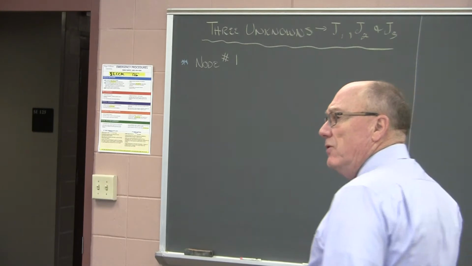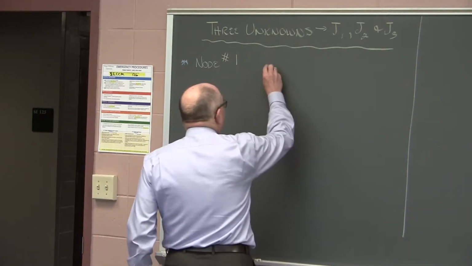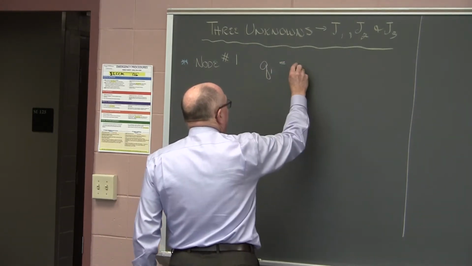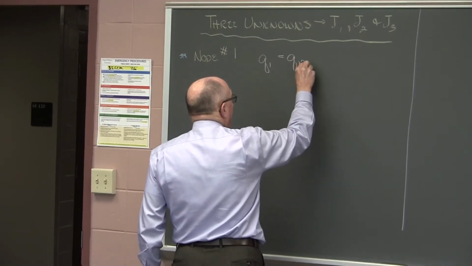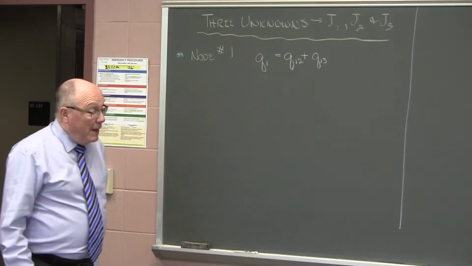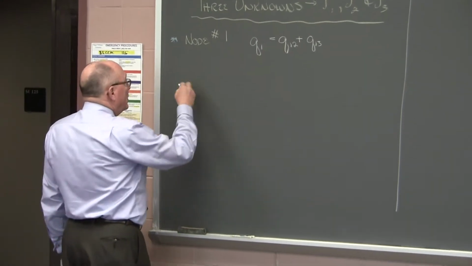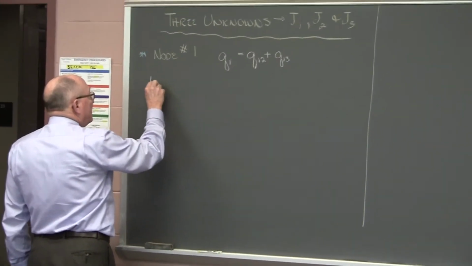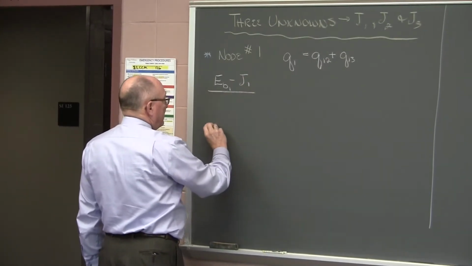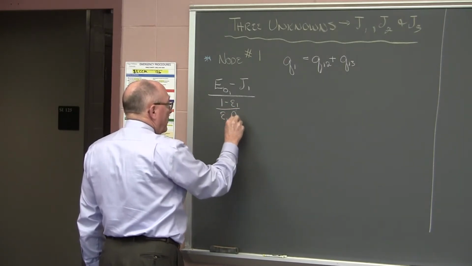In that case, we have Q1 in, and leaving we have Q1 to 2 plus Q1 to 3. Now we're going to express this in terms of the equations like we did over here. So for Q1, we'll have EB1 minus J1 over 1 minus epsilon 1 over epsilon 1 A1.